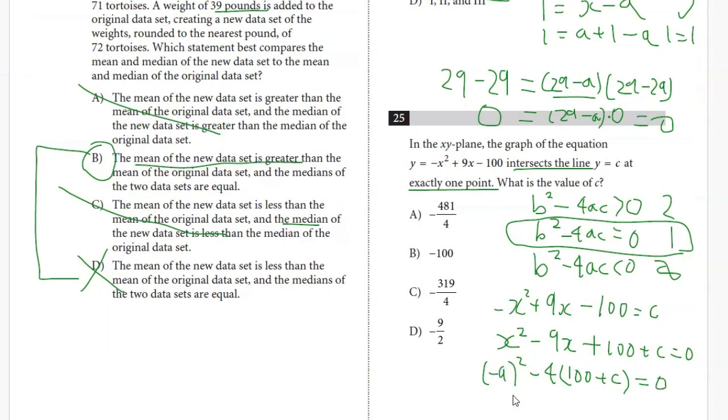So if I work this out, it becomes this. And I want to determine what c is, and divide both sides by 4. And we get C as our correct answer.